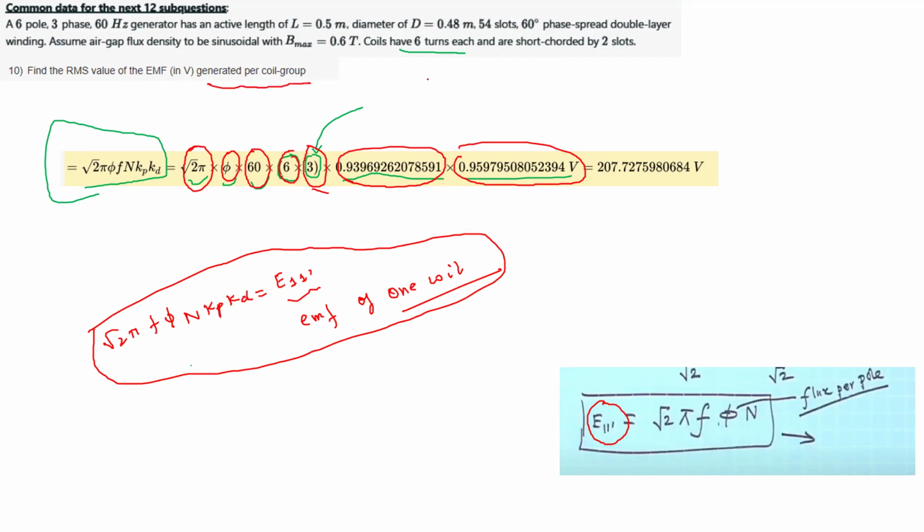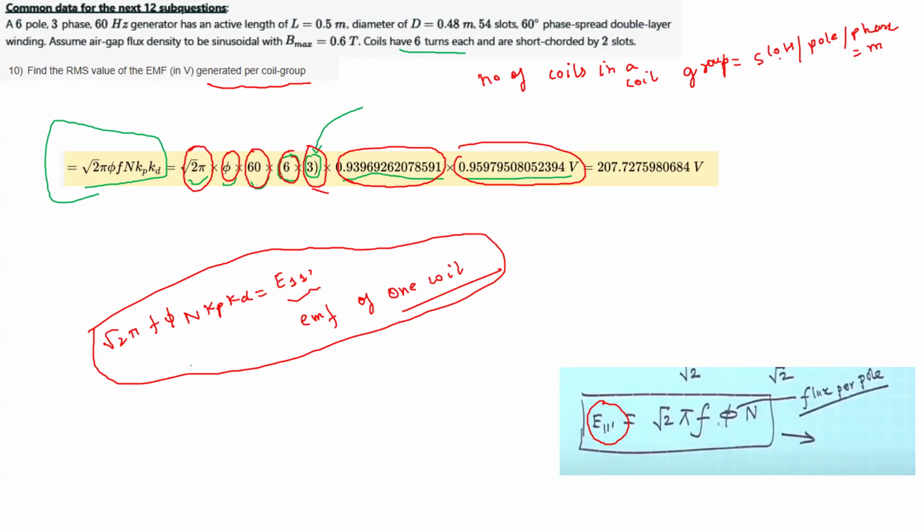So let us see how many number of coils in a coil group. So number of coils in a coil group is equal to total number of slots per pole per phase, equal to M. For a double layer winding, remember, because for double layer winding, number of slots is equal to total number of coils.